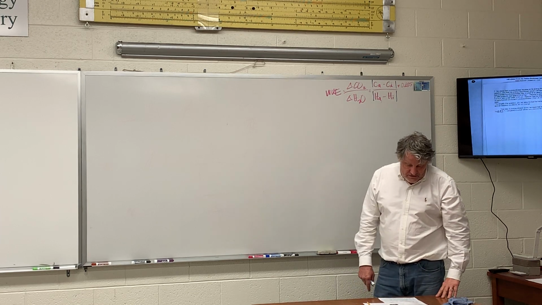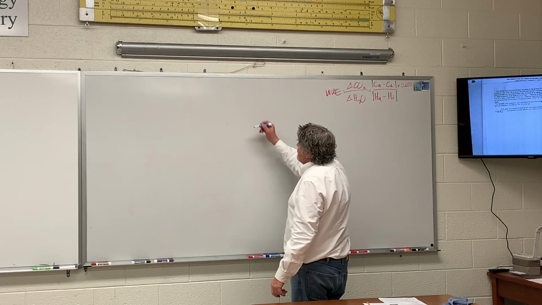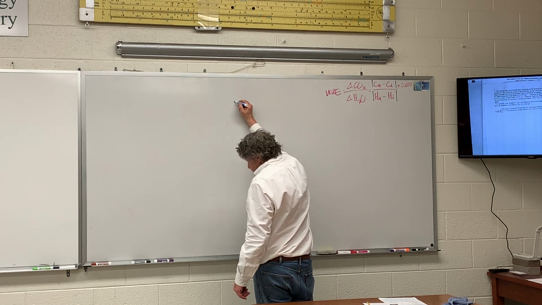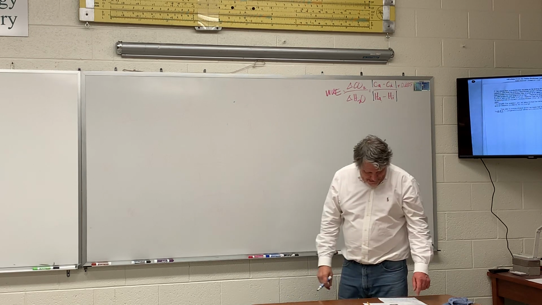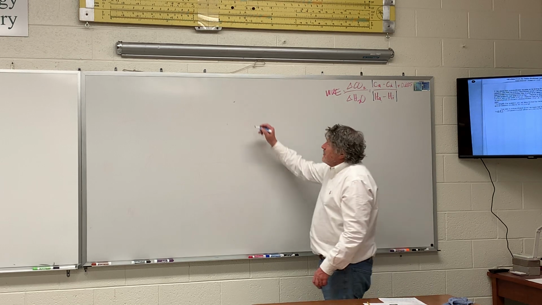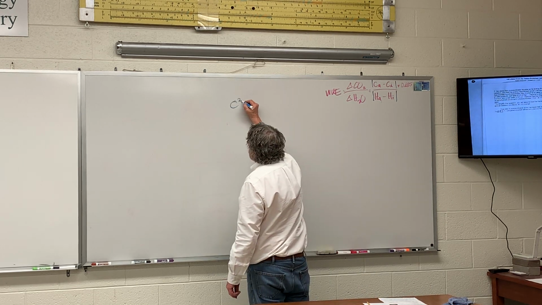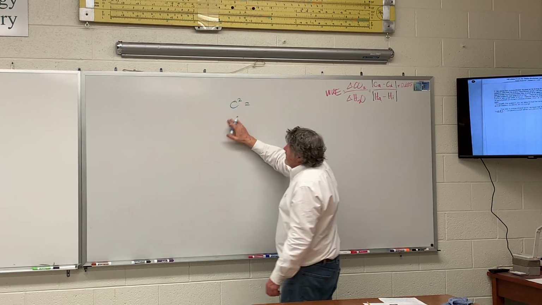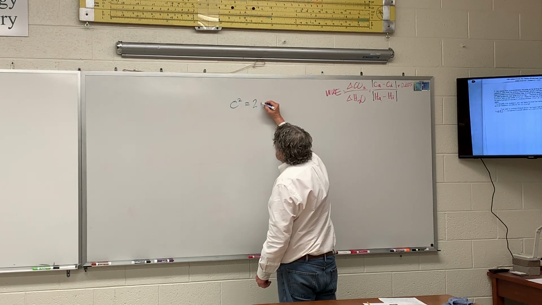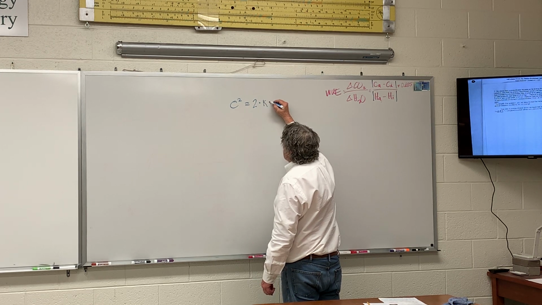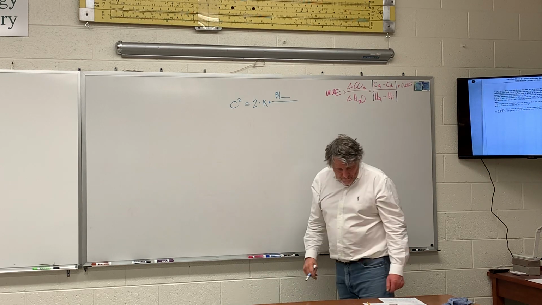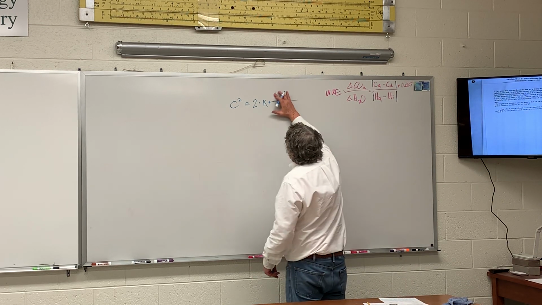The first step to working this is, first of all, we've got conduction and convection. This is all going to come down to conduction and convection, which is 2 sides of the leaf times K times delta T over the boundary layer.